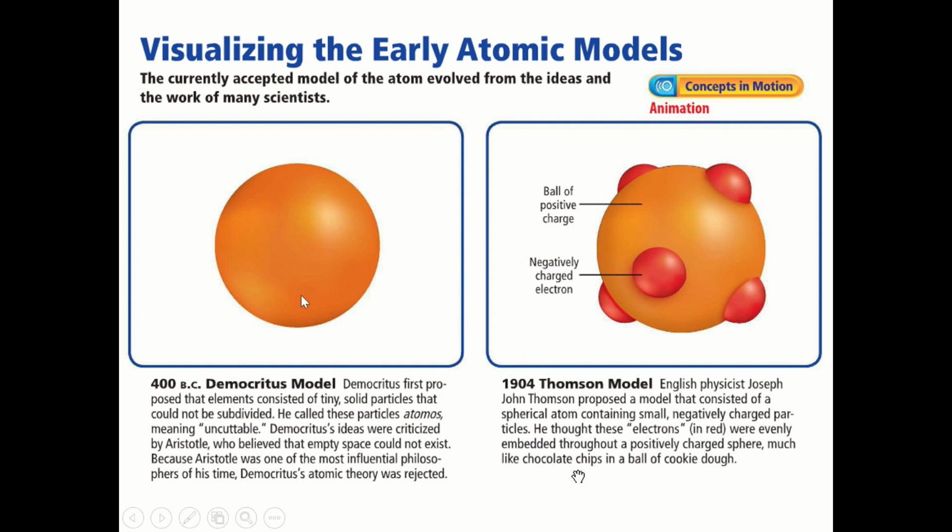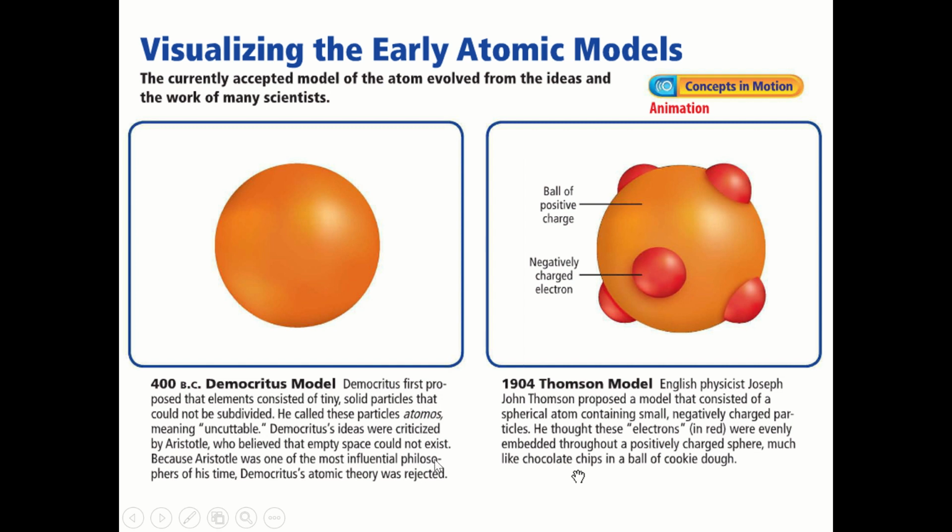Now in this picture, I can see the atomic model of Democritus. So that's how Democritus thought about the atom. He thought that the atom looks like this solid ball, and nothing inside, nothing outside.